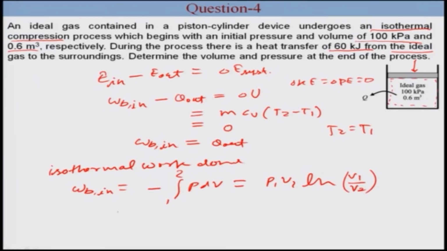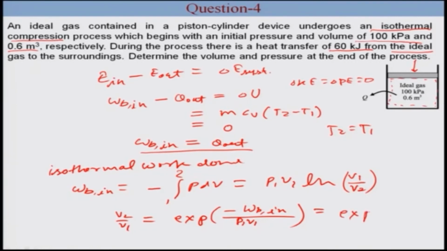This gives us V2 upon V1 after rearranging, which is exponent of minus work in upon P1 V1. From here we know that W_b is equal to Q out, so plugging this value here, minus Q out upon P1 V1.